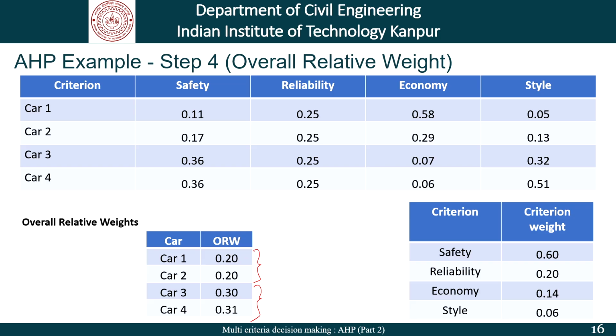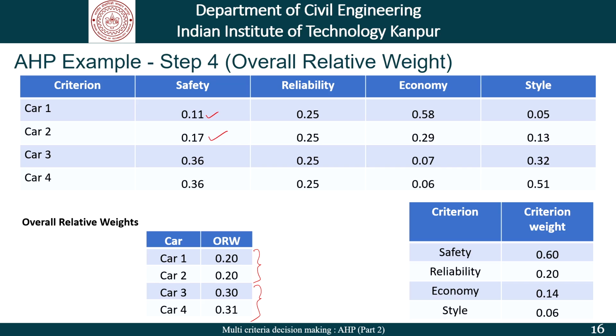Now, let us dive deeper into these numbers. Here we see that car 1 and car 2 have similar overall weights. However, if you see, their performances are different. For example, we saw that car 1 had a relative performance of 0.11 in terms of safety, and actually car 2 was more safe than car 1 because it had a relative weight of 0.17.